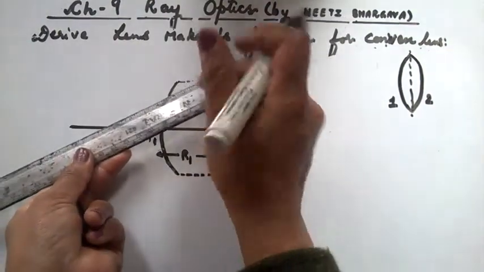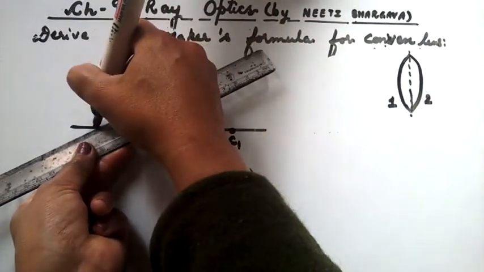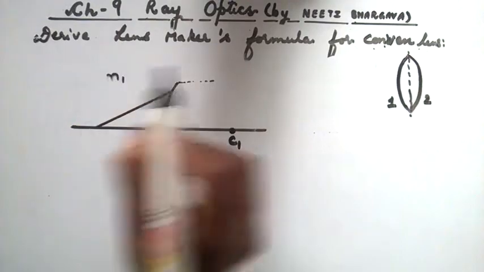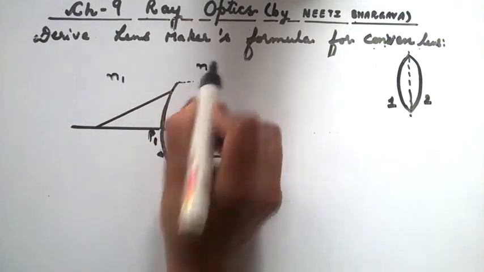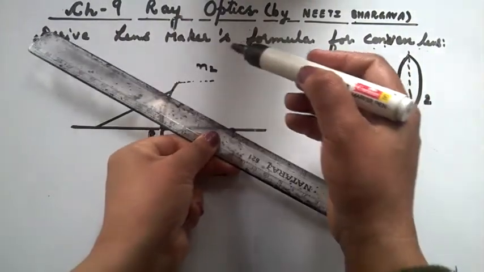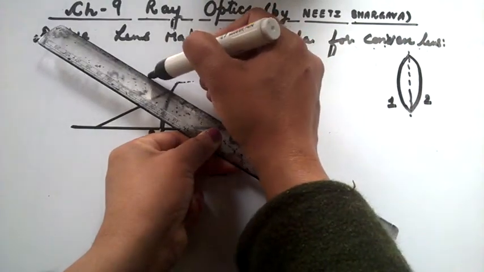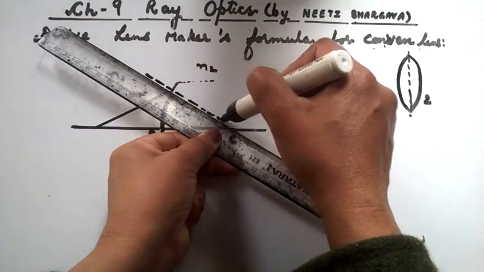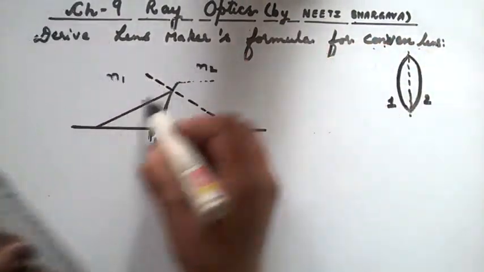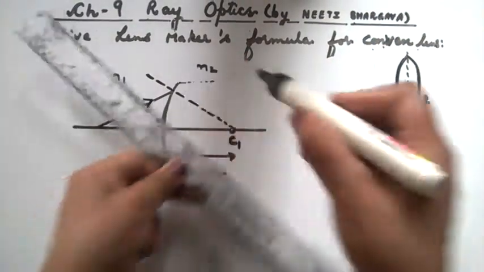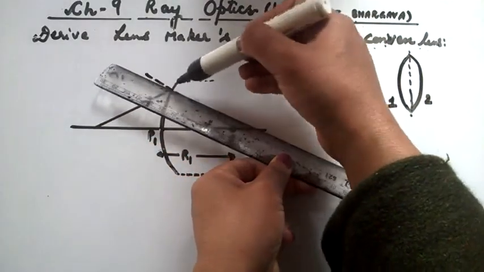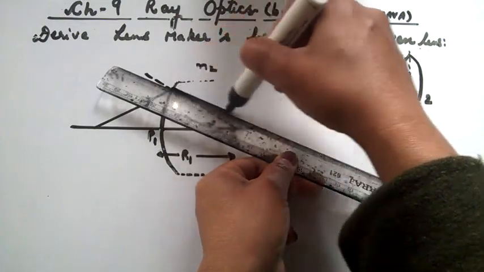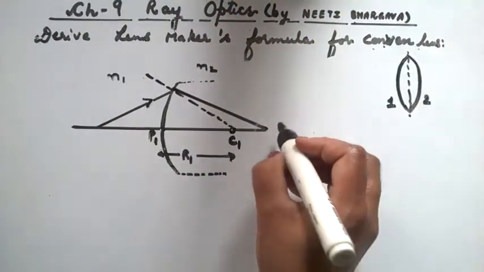When the ray of light is coming from rarer to denser medium having refractive indices N1 and N2 respectively, this is the normal. Then after refraction, the ray of light will bend towards the normal and will give a real image on the principal axis.